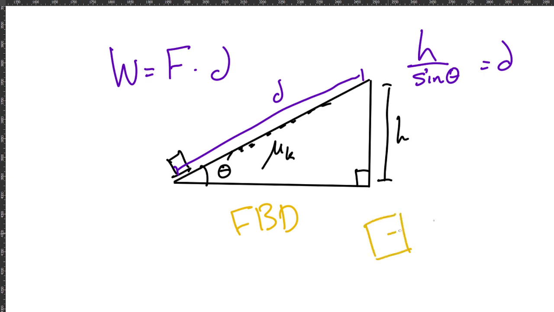We have some kind of force pushing on it by the person, a normal force, and a gravitational force, Fg, which is vertically downwards. And we have some kind of frictional force.